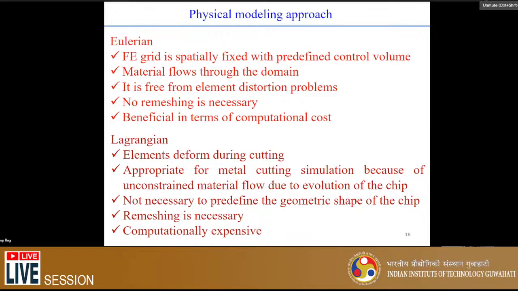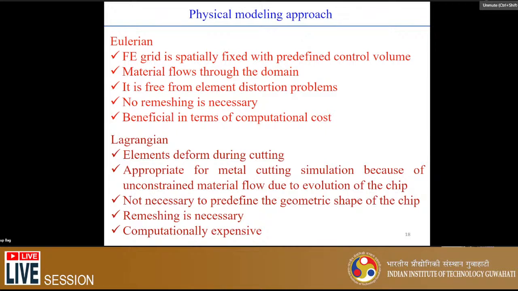But from the computational point of view, once a particular node is deformed to a large extent, we allow remeshing, meshing the domain again and transferring the variables at each node point from the previous to the new node points. That may be the difficulty, or you may need to compromise with the accuracy of the results. At the same time, more accounting is required in this process. It means it is computationally more expensive, so a large computational time is involved in the Lagrangian approach.